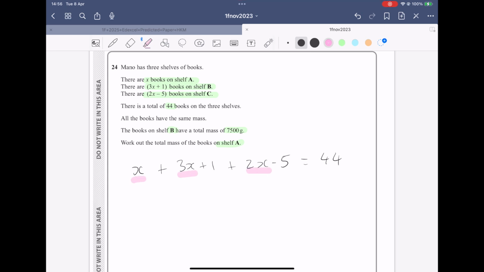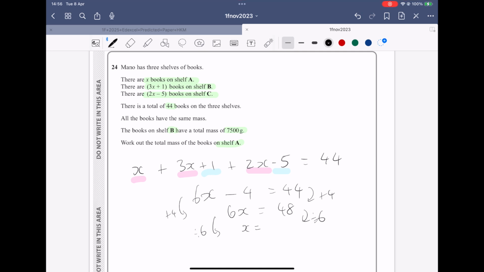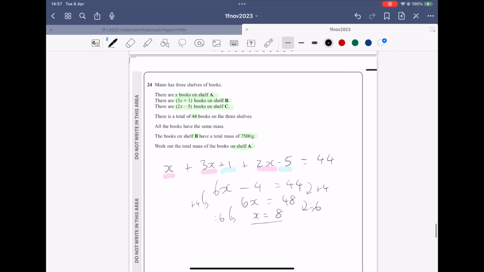We've got 1x plus 3 is 4, 6x, and then we've got 1 minus 5, which is minus 4, equals 44. And we're going to get an equation, we're going to solve it. So we're going to add the 4. 6x equals 48, and divide by the 6. x equals 8. And that's got us something. Now, how useful this is, I don't know yet. Alright, we're not sure. There's only one way to find out.